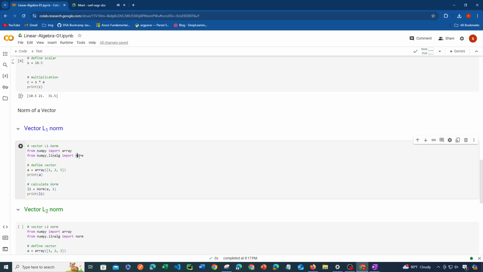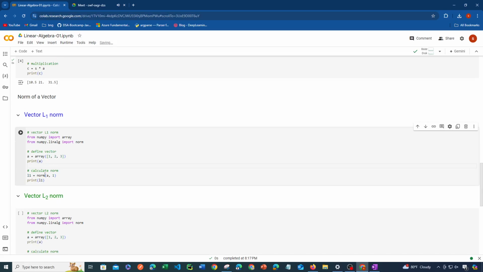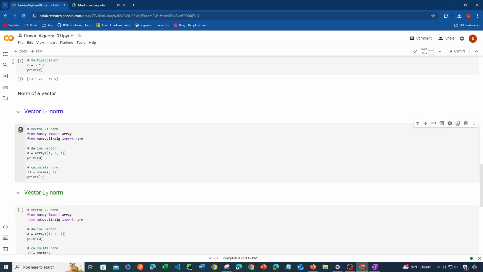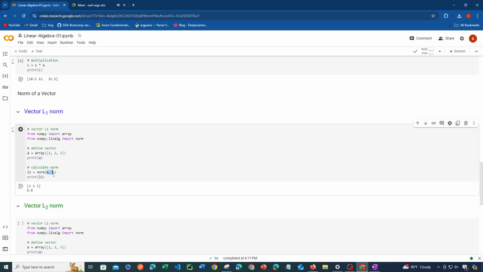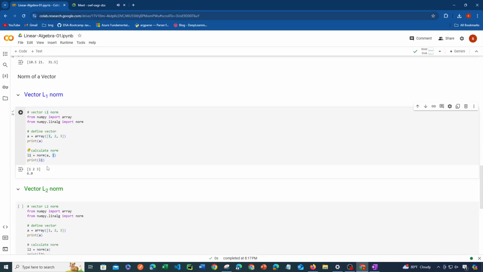We import the norm, then we define it. You see that here we additionally pass 1, which means we want to find the L1 norm.